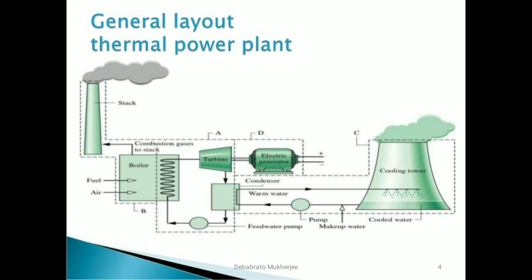Further, it will be stepped up so that it can be transmitted over long distances. Step up to 230 kV, 400 kV, 132 kV, or 765 kV, whatever the transmission line requires.